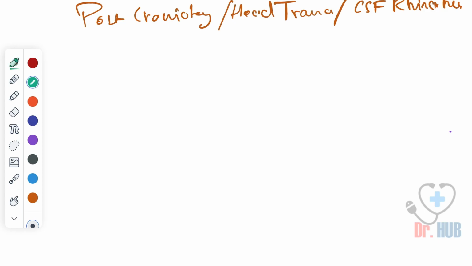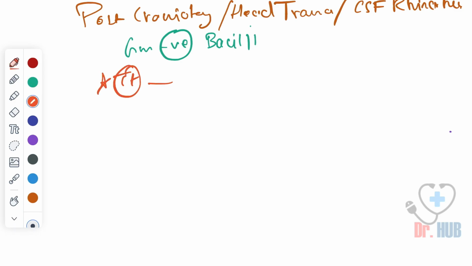The organisms include gram negative bacilli. Then what is the treatment? The treatment here is ceftazidime along with vancomycin.